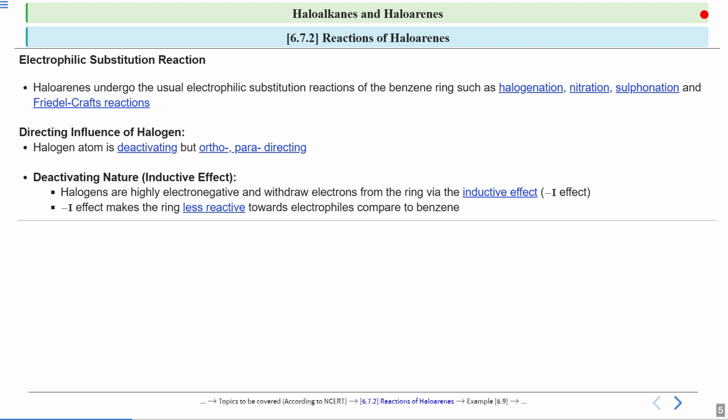Because on the benzene ring, the electrophile can easily attack, but due to the presence of halogen in haloarenes and its higher electronegativity, the halogen shows a minus I effect, withdraws electrons from the ring, and makes the ring deactivated or less reactive towards the upcoming electrophile.